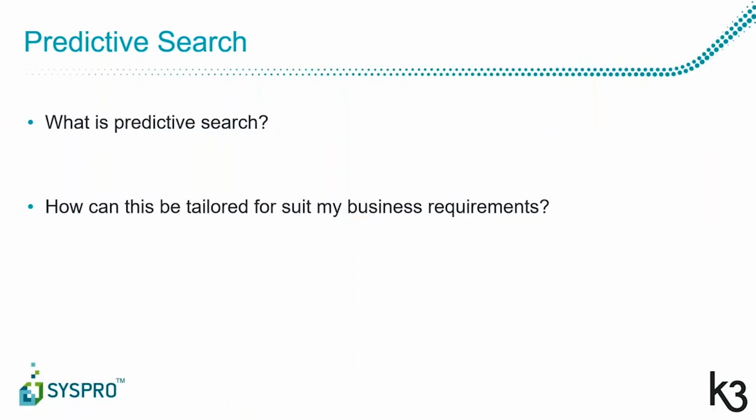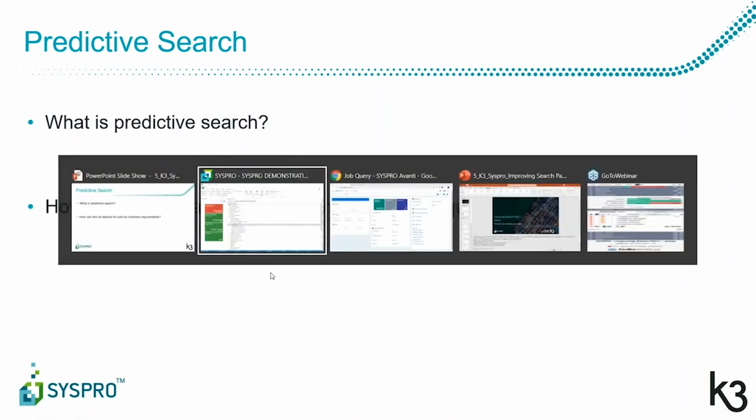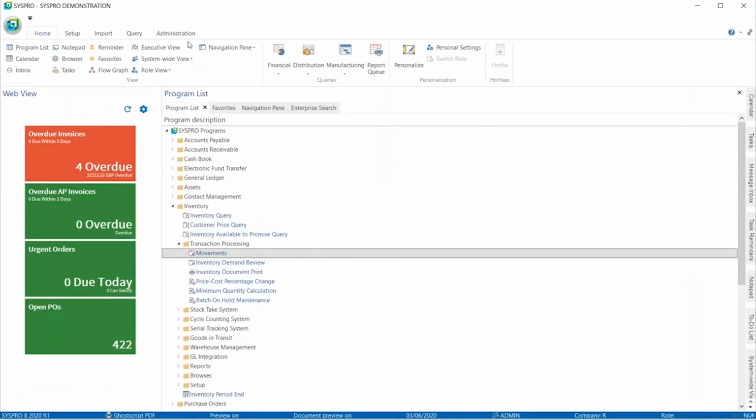One big thing that was introduced in SYSPRO 7, port 22, I believe, is predictive search. And this has only got better since. Predictive search is the ability to start typing phrases into the toolbars within SYSPRO or form entries or grids to start rendering results, which you then can click against. This is completely tailorable. So first of all, how do I turn on predictive search?